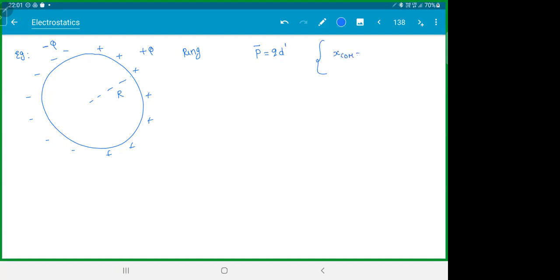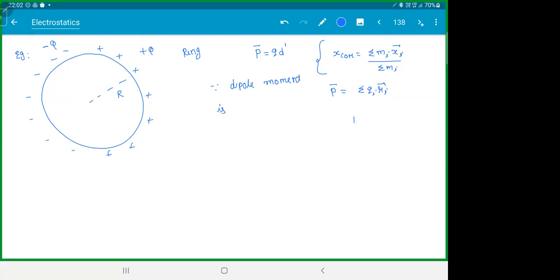X center of mass will be nothing but sigma mi xi by sigma mi. Dipole moment will be sigma qi ri. This is simply total mass, the denominator is constant. Do they look the same? Since dipole moment is a linear function, we can use the center of mass concept.